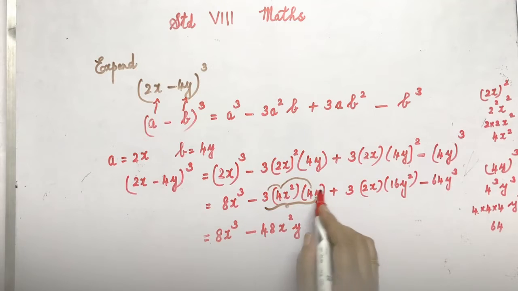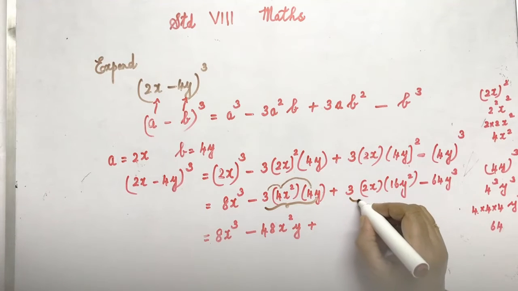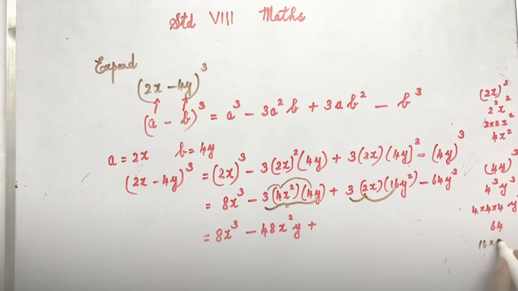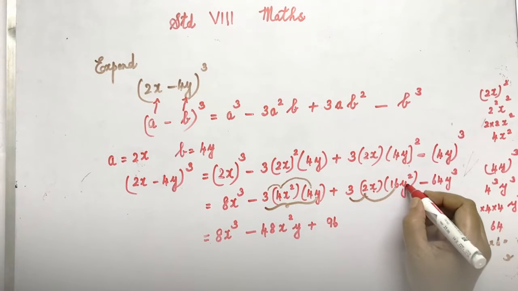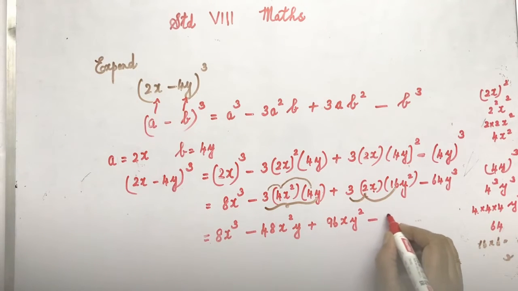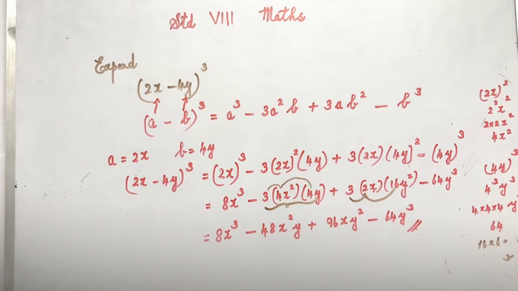Here the variables are different, so it should be written separately like this, plus now numbers we are going to multiply: 3 into 2 is 6, 6 into 16, 6 6s are 36, 3 balance, 1 6 is 6 plus 3 is 9, so 96. Now what are the variables here? x, and here we have y squared. So 96 x y squared minus 64 y cube. This is the answer.